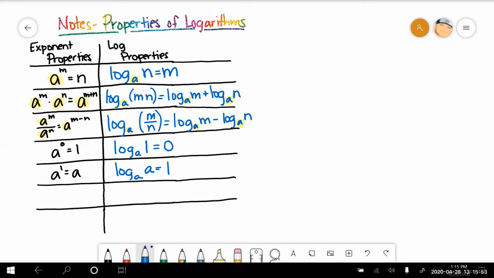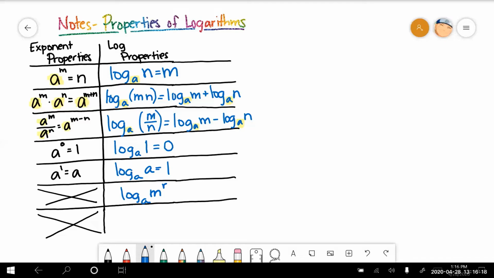And finally, we have two more log properties that don't necessarily relate to any exponent properties that we've learned in the past. So I'm going to leave these two boxes empty, and I'm going to help you fill in those last two log properties that we need to know right now. First, we've got log base a of m to the r power.